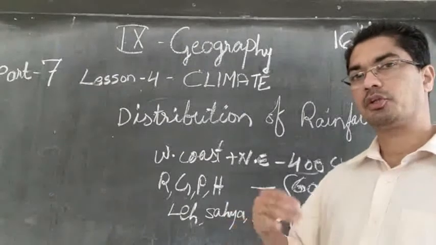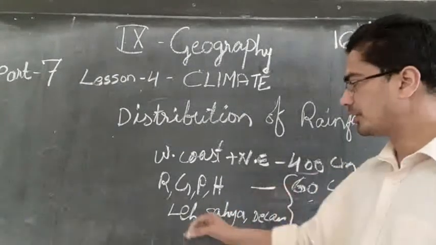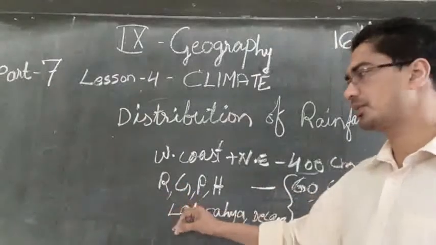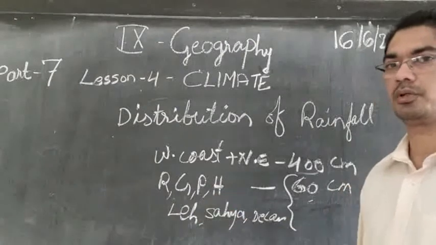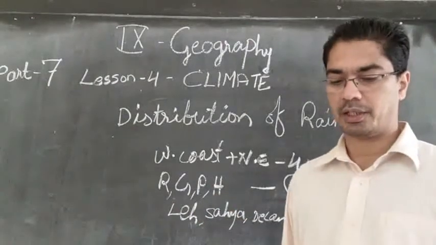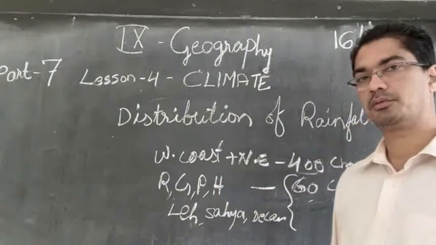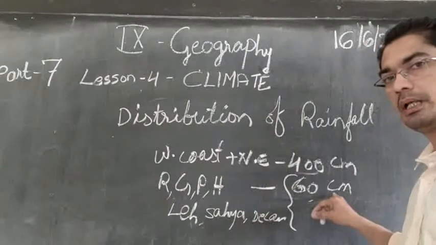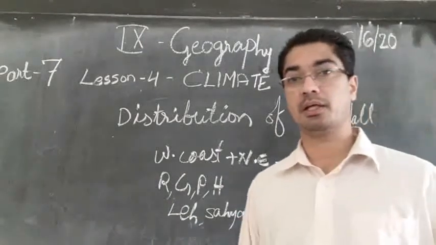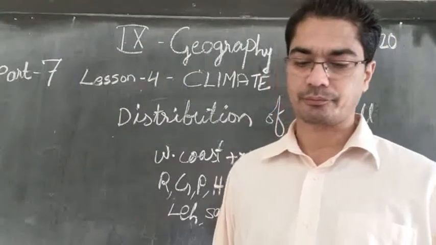So when there is a lot of variation in the monsoon rain, that variation is very much visible in places like Rajasthan, Gujarat, Punjab, Haryana and so on. And the Western Ghats are very much affected. When the monsoon is very weak, these parts will receive even less rainfall and will be really hot and dry.